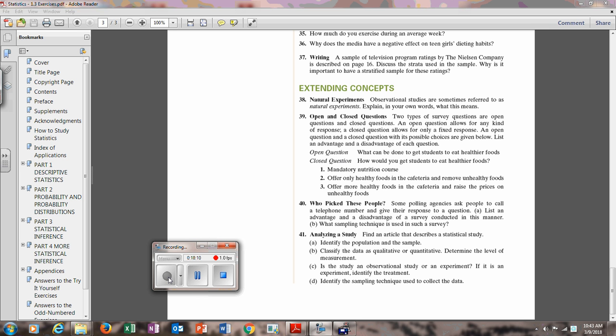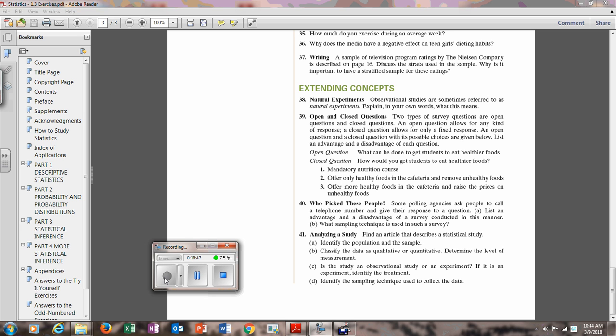We're not giving them what their answer should be. A disadvantage is that there could be a lot of different responses, so that we might not get an answer at all. Everyone might have their own different answer, which means the study didn't really do anything for us. It was just a bunch of different random answers.